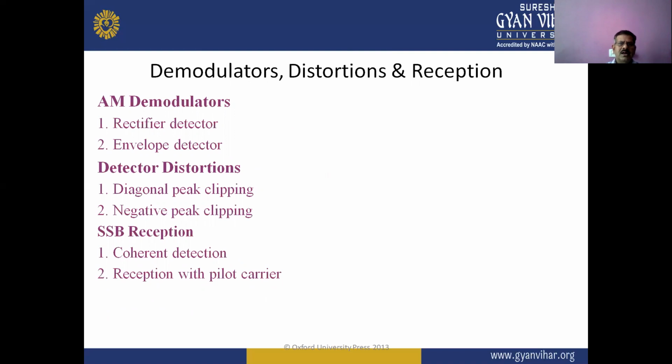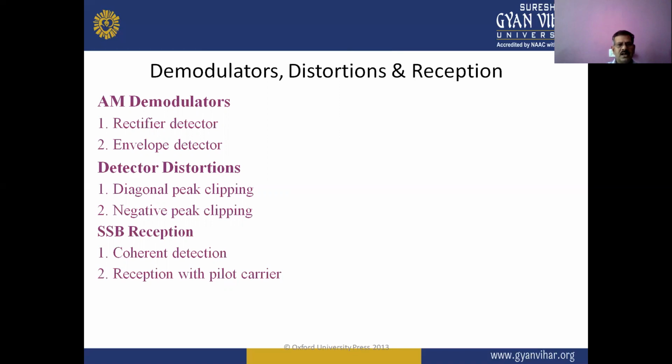And next one is the demodulators, distortion, and reception in modulation systems. The amplitude modulation demodulators are: first one is rectifier detectors, second one is envelope detectors. So these are the two types of AM demodulators.